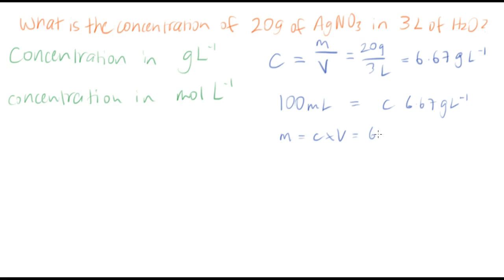So it's 6.67 grams per liter times 0.1 liters, and that should give you 0.67 grams in that 100 mils.